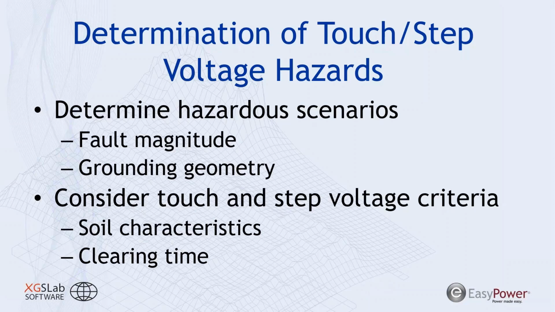What I'm typically looking at is where my fault magnitudes and my grounding geometry are going to make touch and step voltages the worst. I'm also considering my touch and step voltage criteria, thinking about my soil characteristics and clearing time, what's going to make those limits much lower and make my grounding analysis more challenging.